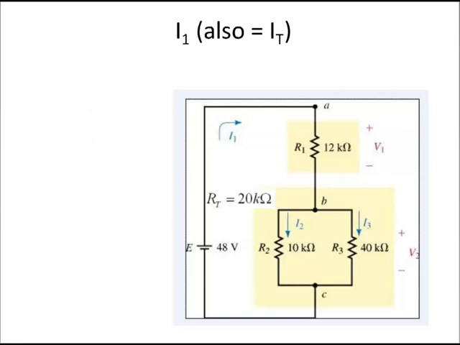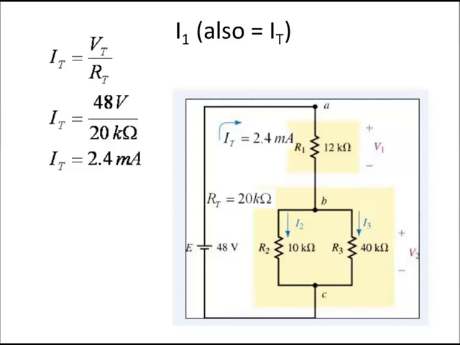So now that we've found RT, we're ready to calculate the total current in the circuit. So take a moment and see if you can do that. The total current in this circuit, denoted by I1, which we can also call IT, is equal to the total voltage divided by the total resistance.